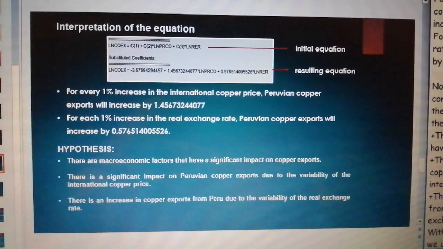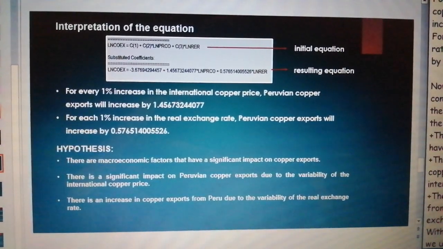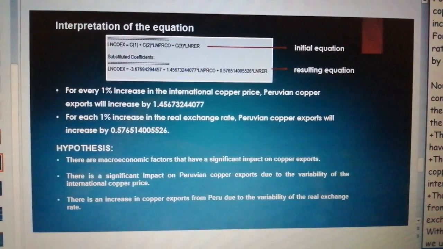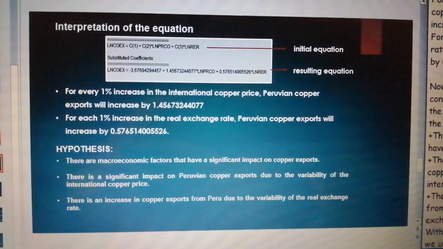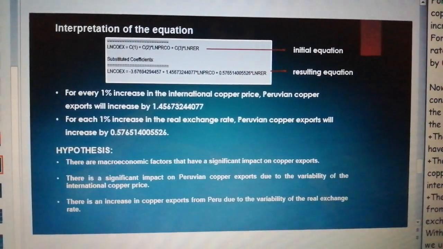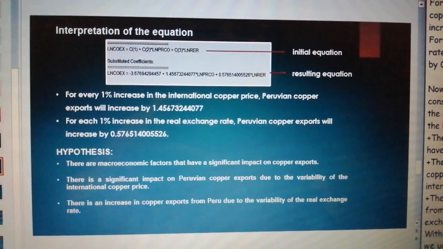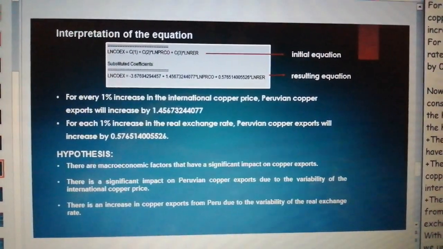The hypotheses are: there are macroeconomic factors that have a significant impact on copper exports. There is a significant impact on Peruvian copper exports due to the variability of the international copper price. And there is an increase in copper exports from Peru due to the variability of the real exchange rate.